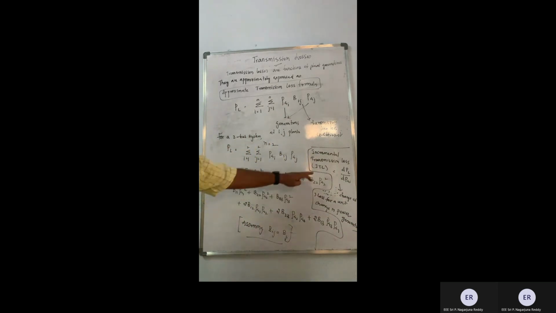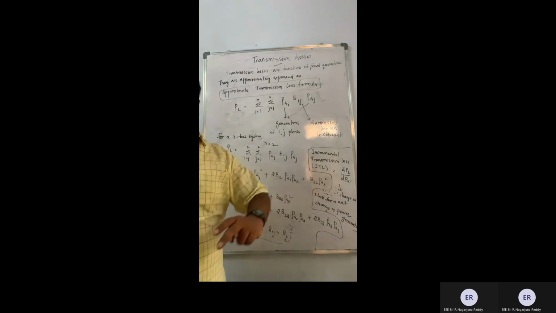This is called incremental transmission loss, and it varies from unit to unit or plant to plant. This is about your incremental transmission loss, which we have discussed yesterday.